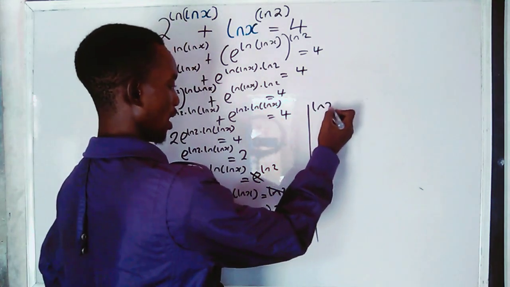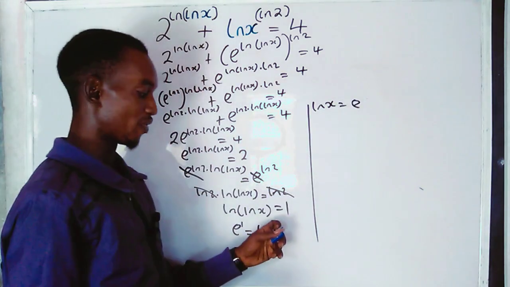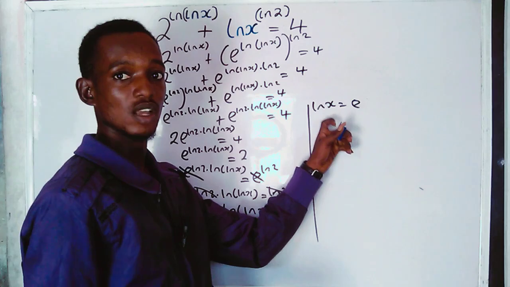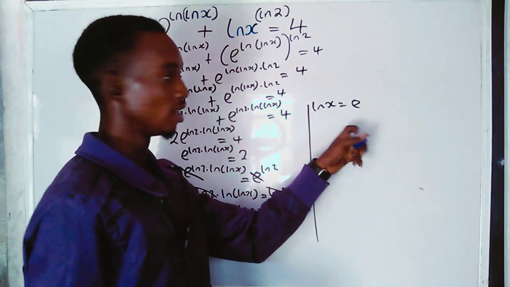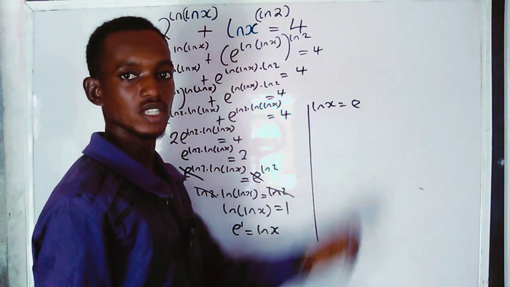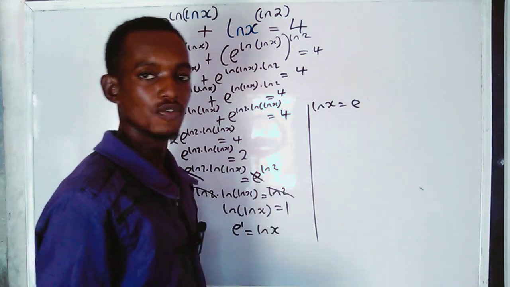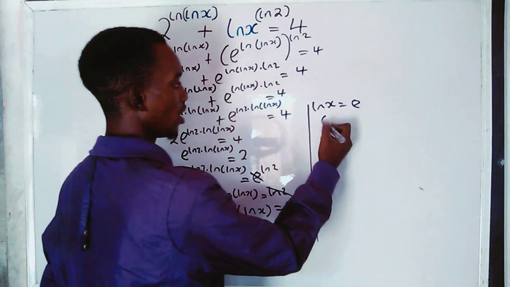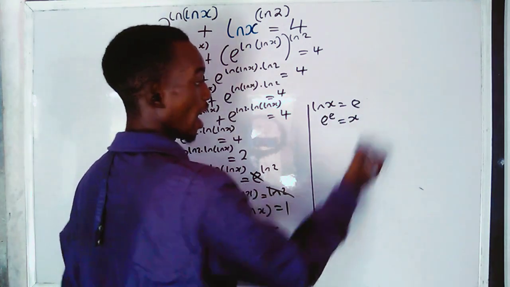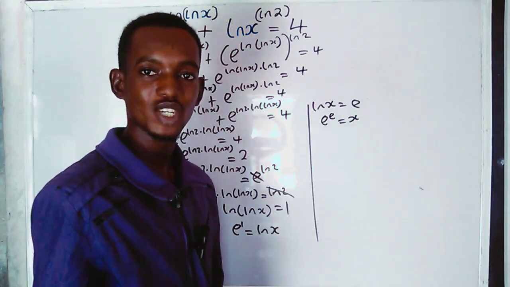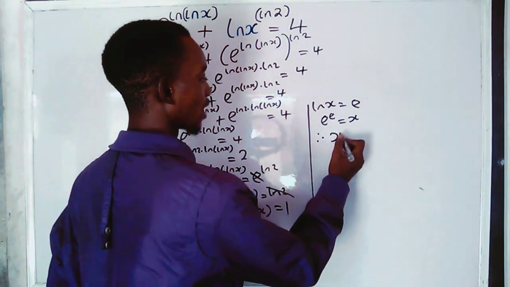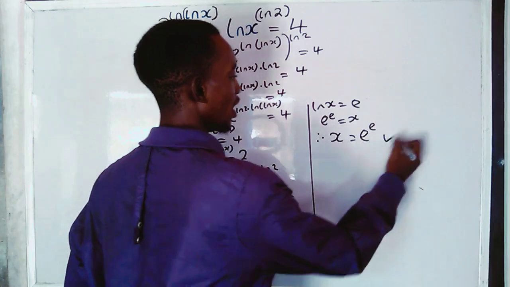So we have ln x equals e. What we have done here, we're going to do the same thing here also, because ln has a base of e. So e raised to the power e will give us what? x. I want to express this logarithm in the form of indices. So we have e raised to the power e equals x. We are done. Therefore, x equals e raised to the power e.